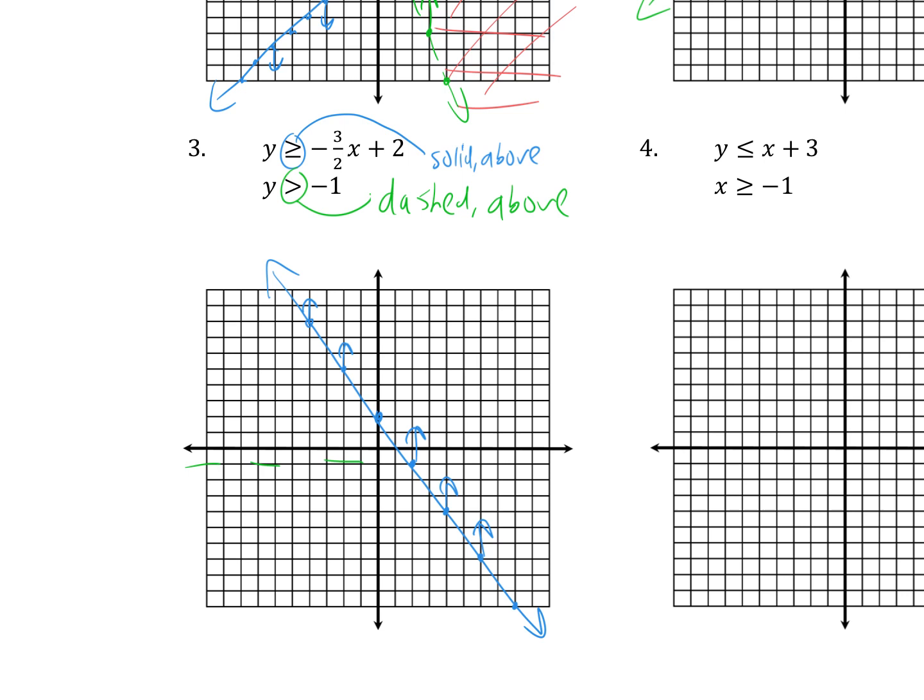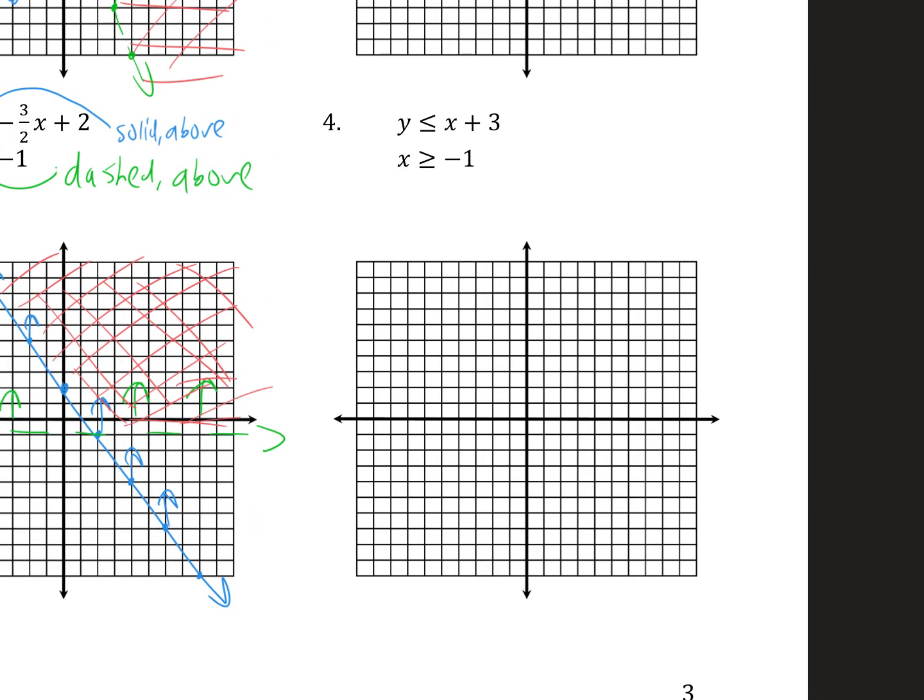So a dashed line through -1. And we're shading above, so drawing some arrows above here. You see where they're going to overlap here? So it's got to be above the blue line, above the green line, somewhere in this section over here, all the way down. Okay. All right. Very cool.